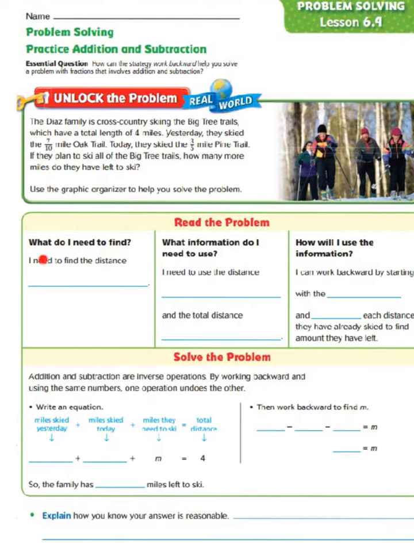So, we begin with, what do I need to find? I need to find the distance they have left to ski. So, what information do I need to use? I need to use the distance they have already skied and the total distance they plan to ski.